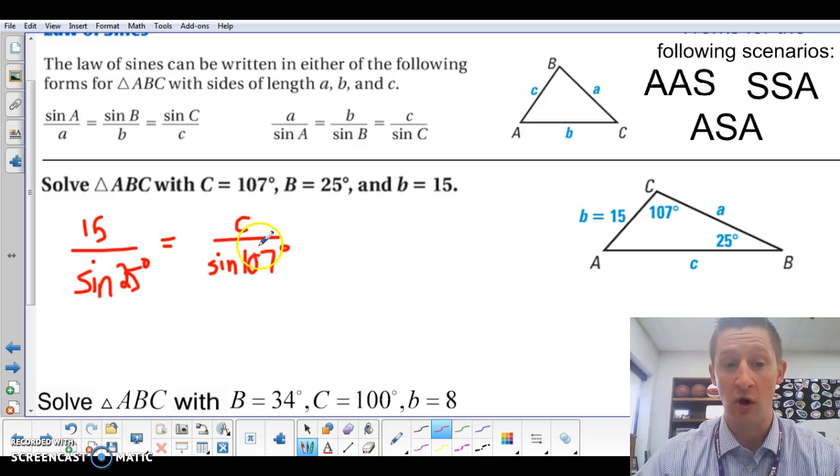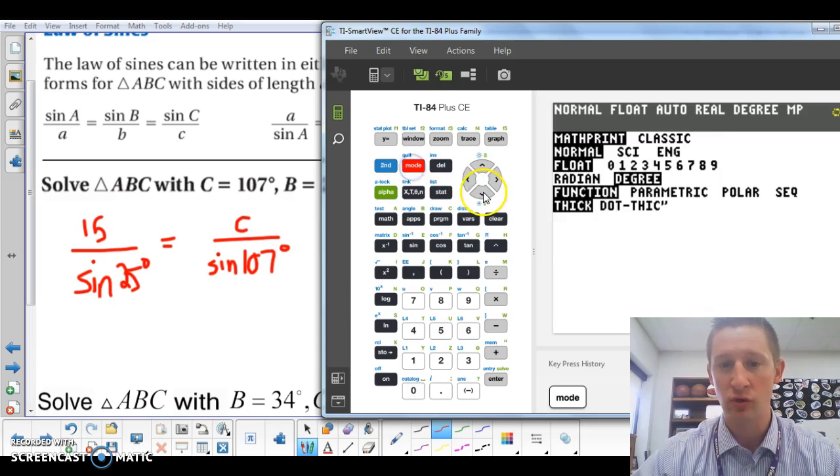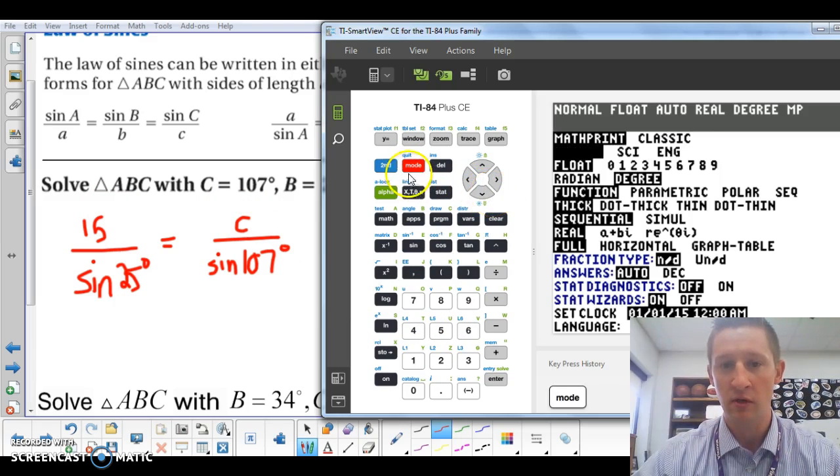So I'm going to go ahead and solve for side C. To do that, you get to cross multiply and divide. Calculator time. So to solve for this, we're going to take 15 times the sine of 107. Make sure you're in degree mode. We are.